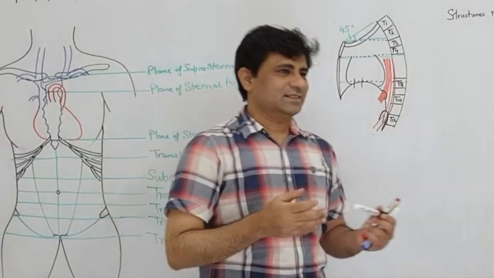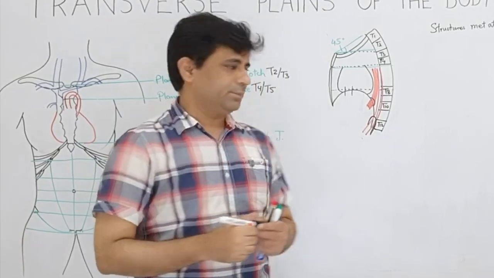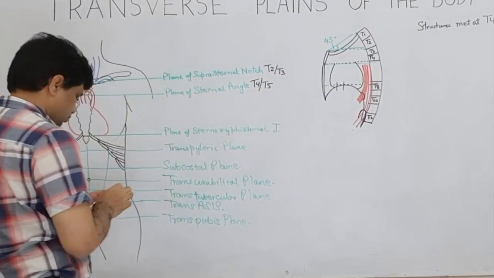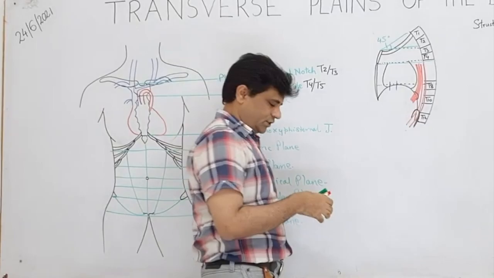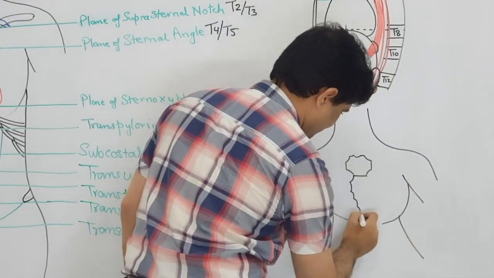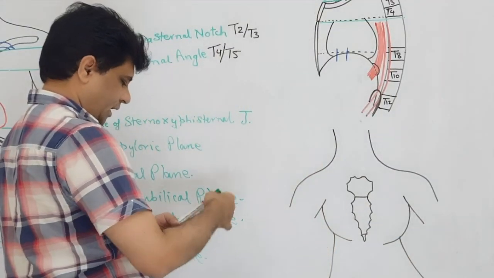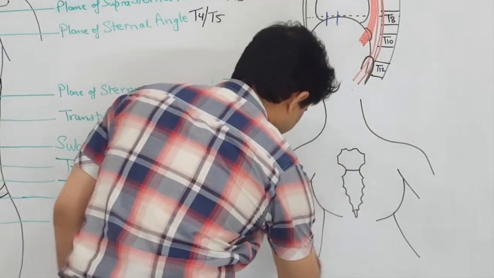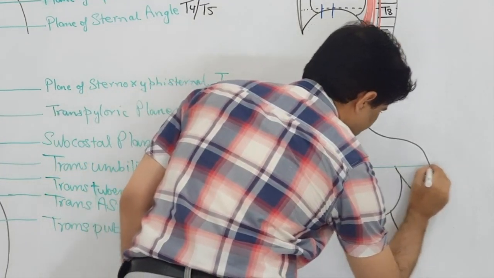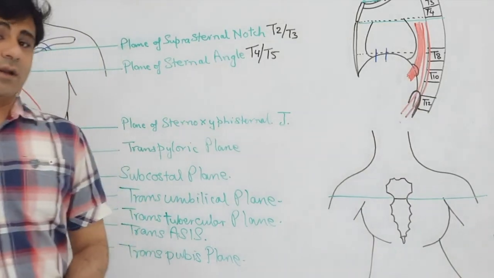So, first thing, let's start from superficial to deep. One thing is, when you talk about the cutaneous innervation, the purpose of telling is that this transverse plane you're seeing here is the plane passing through the sternal angle.